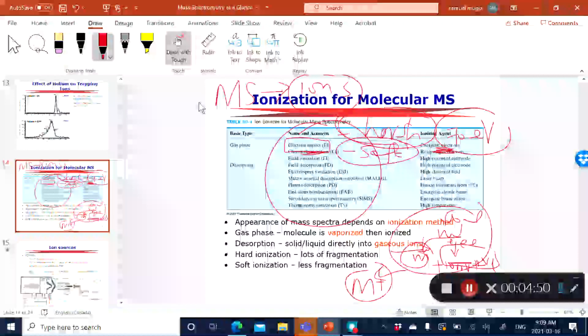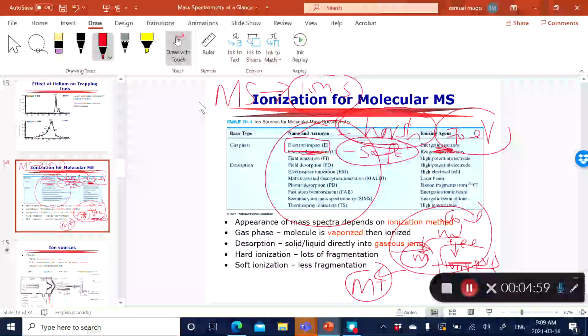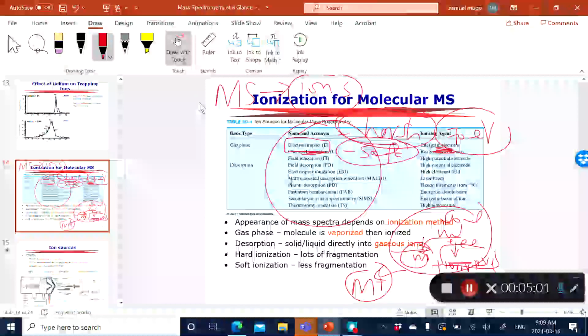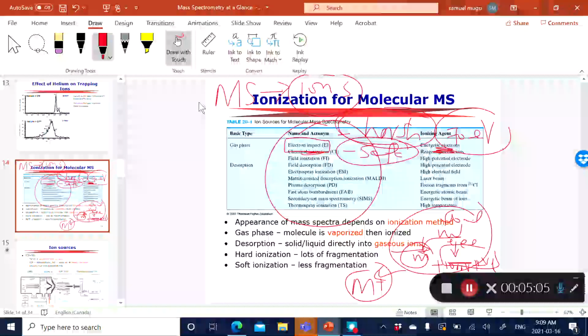So you introduce some reagent gas, and the reagent gas gets ionized, and the charge is transferred softly to the analyte.